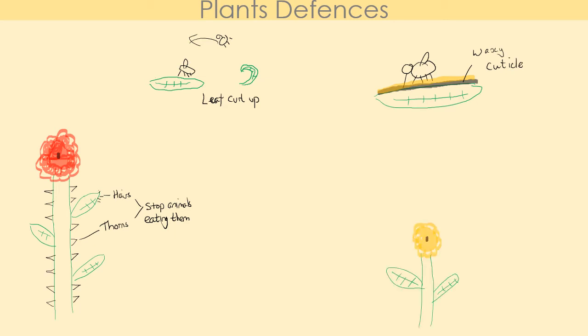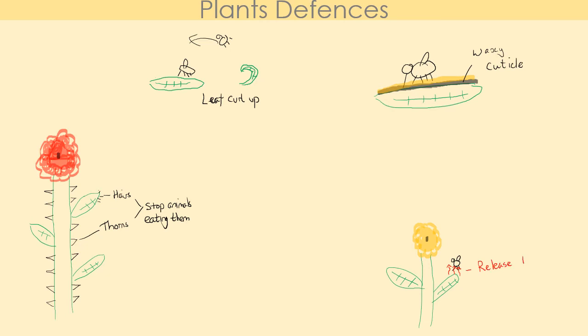Another thing that plants can do is if they have insects or any kind of bug coming towards them, but they don't want to eat them, they can release toxins or poisons. If they detect that they are being eaten, they will release toxins.